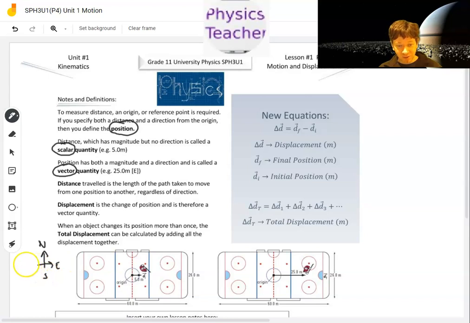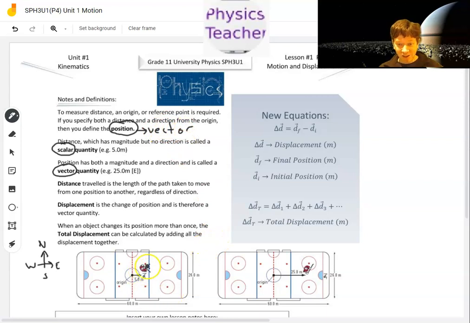East, south, west. Notice there's a direction. I can't just say 5 meters because then he can be anywhere along that radius around the origin. To be specific about where this hockey player is, I have to say a direction as well in order to identify their position. So position is a vector quantity.